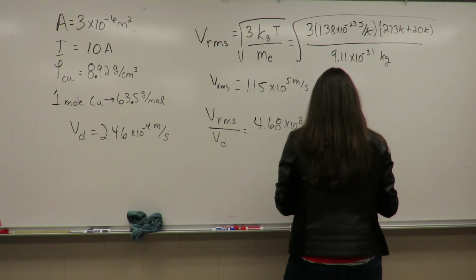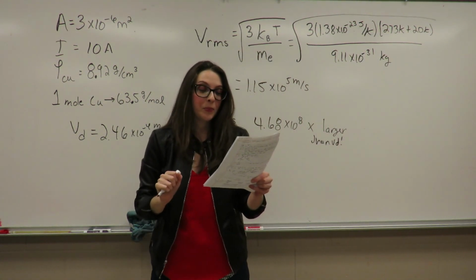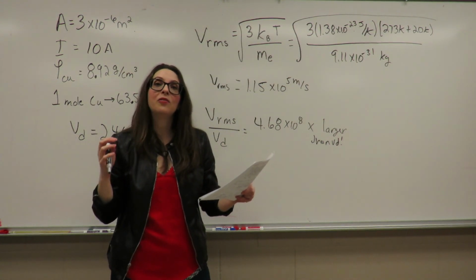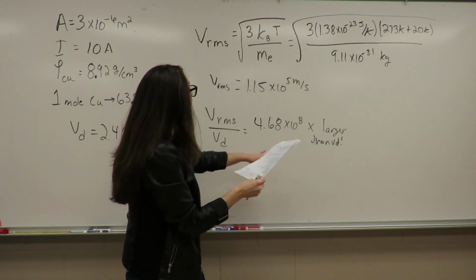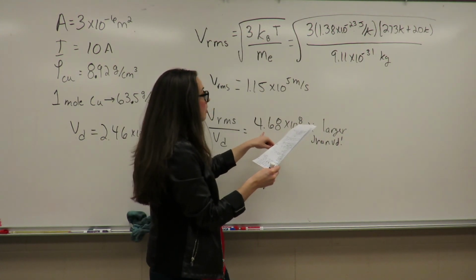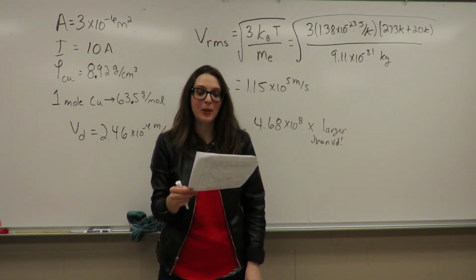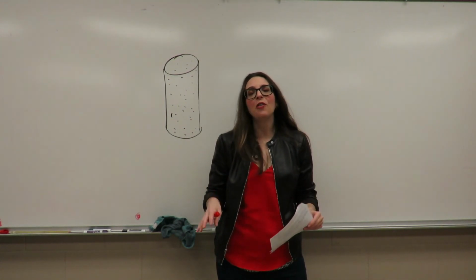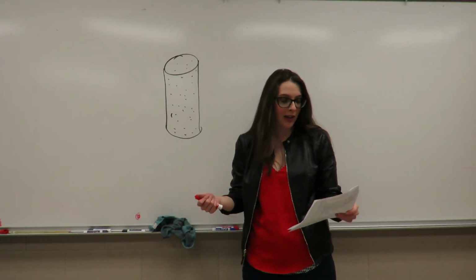Okay, so much, much faster. So our drift speed for an electron in a wire is very, very small, only about 1/1000th its random thermal speed. So why is it that an electric signal seems to move so fast when we flip a light switch?